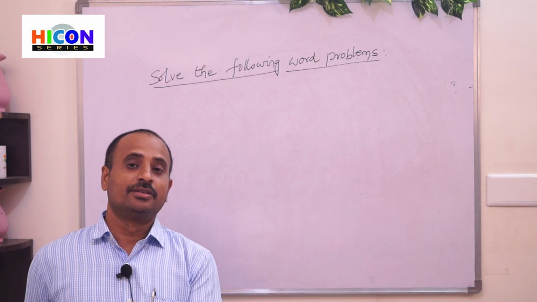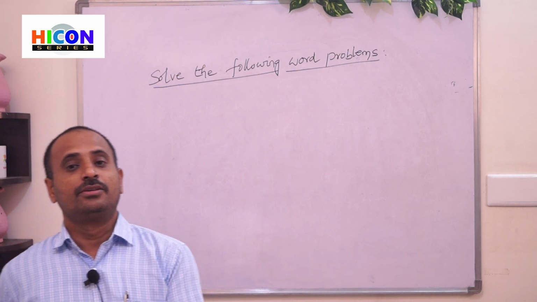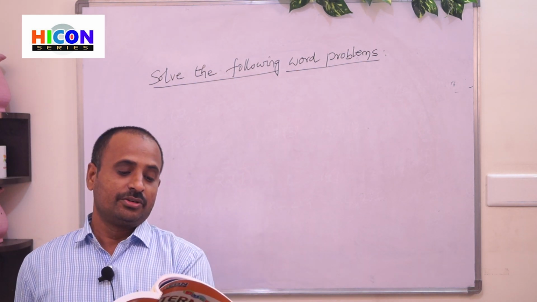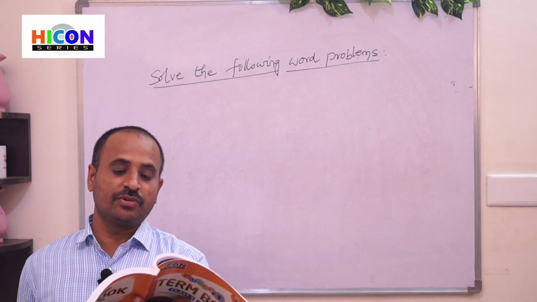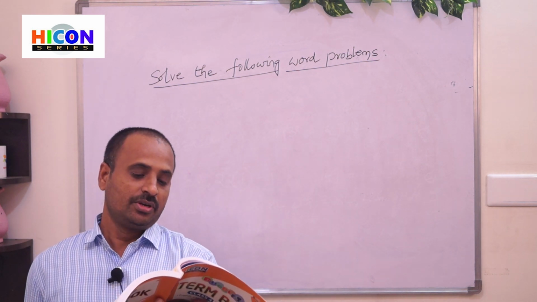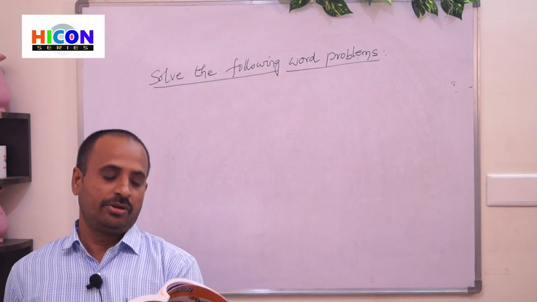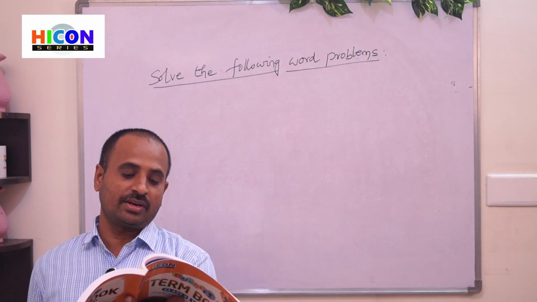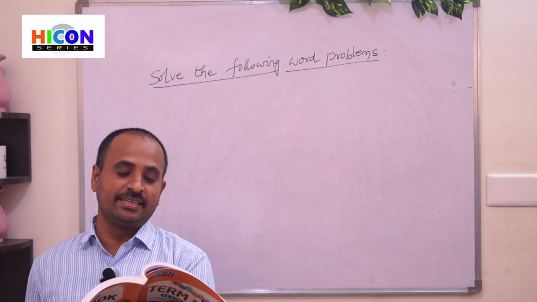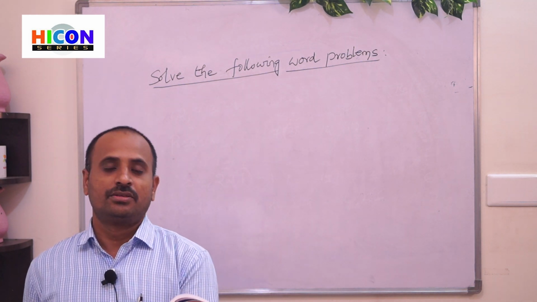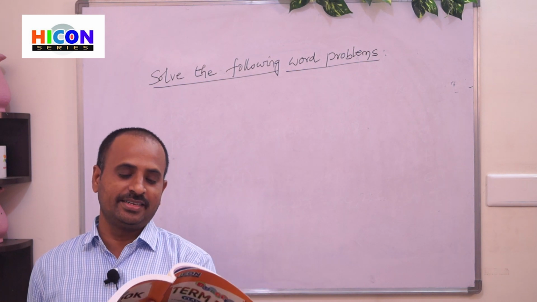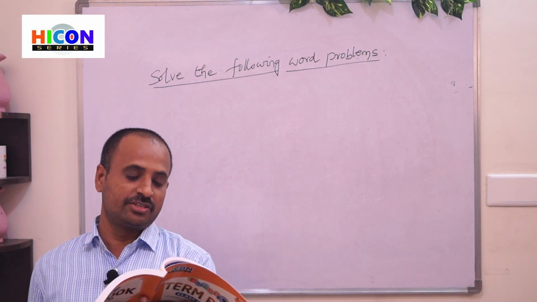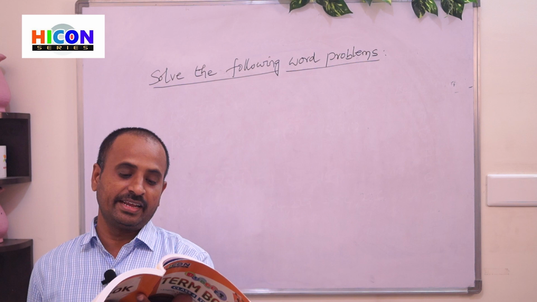So children, read the problem again and understand it. On your birthday you want to distribute some sweets for the students in your class, and the number of students in the class is 36. So how many sweets will you take rounded to the nearest 10?